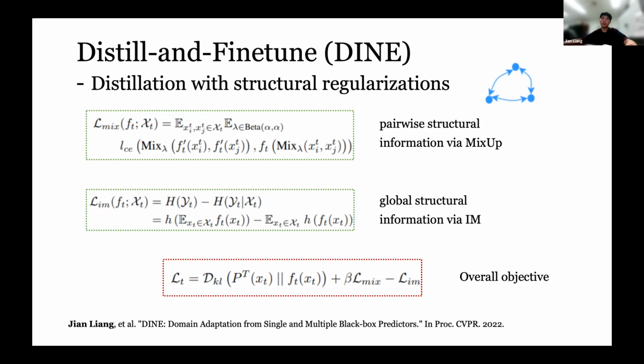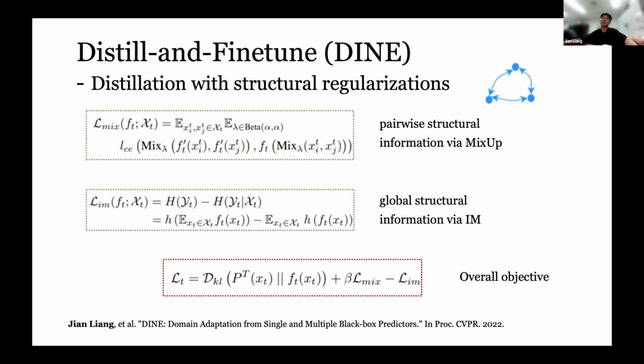Another regularization is called information maximization. It is the same as the one we use in the prior work. This one tries to promote the diversity in the target domain and to avoid most of the data being classified into one large class.